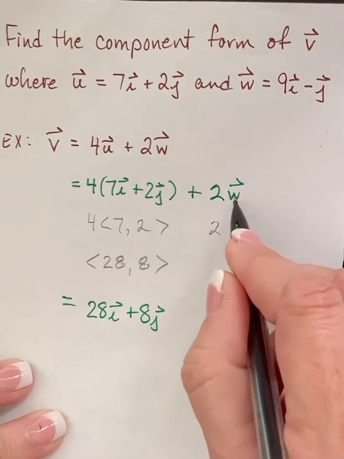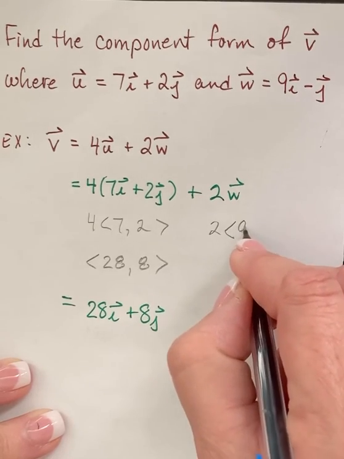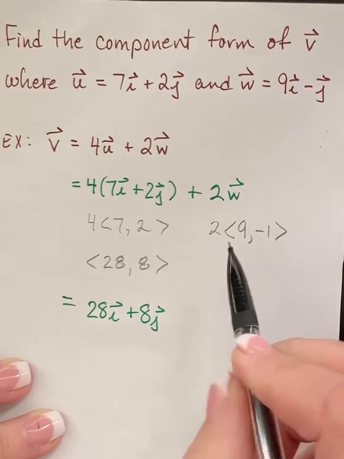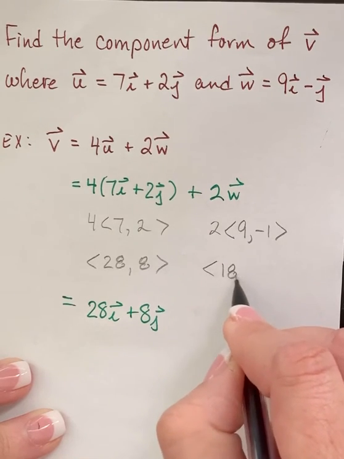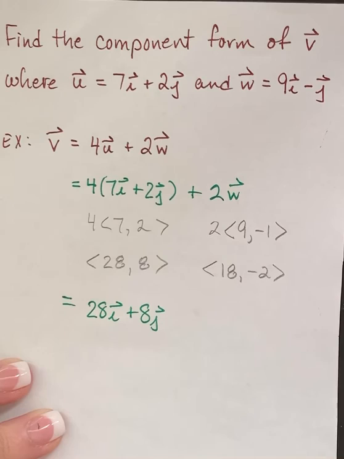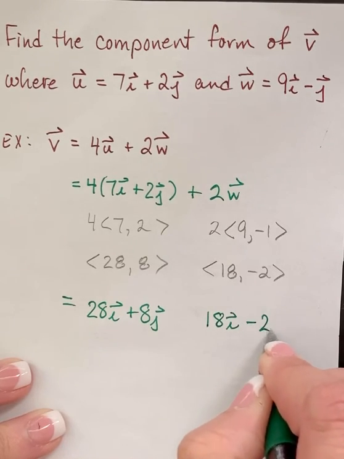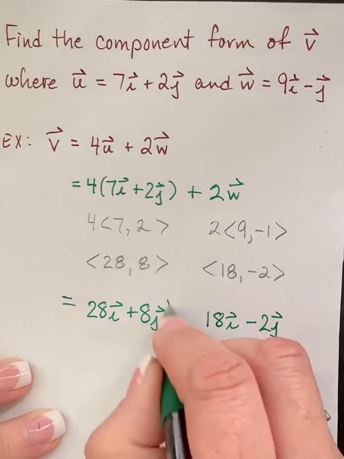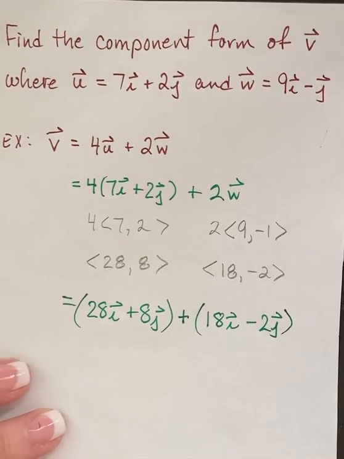2 times vector w, which is 9i minus j, in component form is 9 comma negative 1. So multiplying by the scalar of 2, that would be 18 comma negative 2. So we're looking at 18i minus 2j. And then we're supposed to add those together.